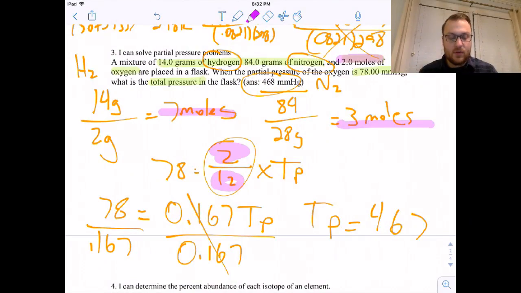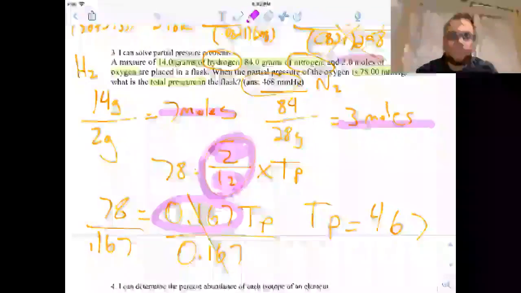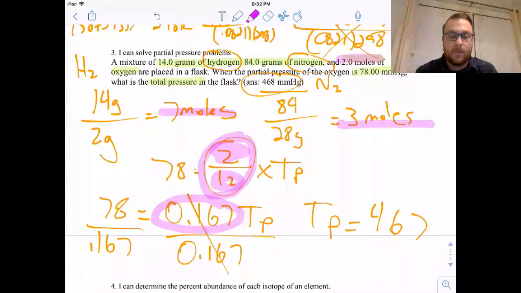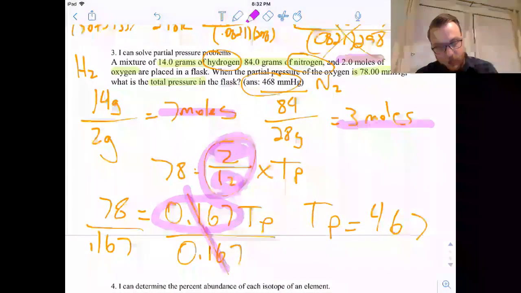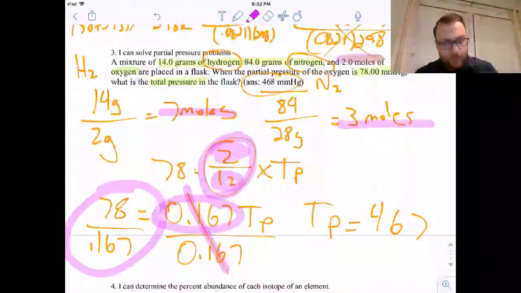Then I did 2 divided by 12 and got 0.167. Divided both sides by 0.167 and got my total pressure equal to 467 mmHg.